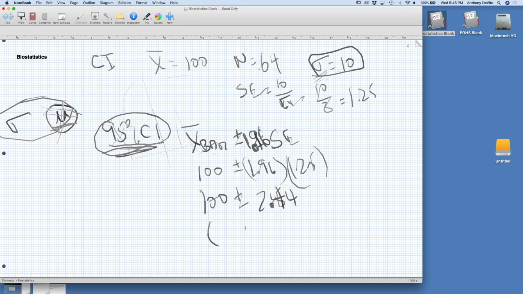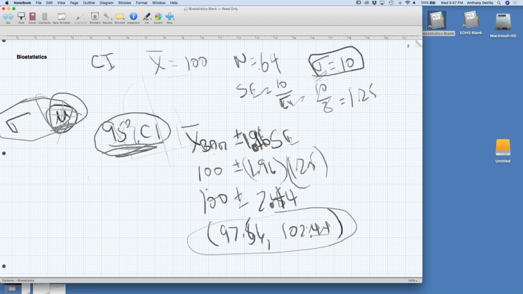So our confidence interval is going to be 102.44, again, an estimate. And on the lower end, it's going to be 97.56. So we're 95% certain that the true population mean mu lies between these 2 numbers.